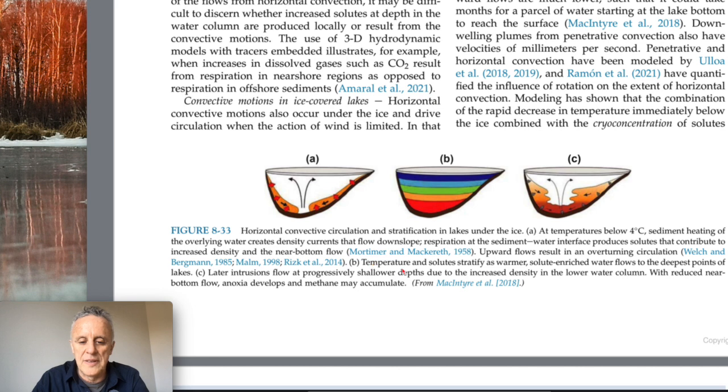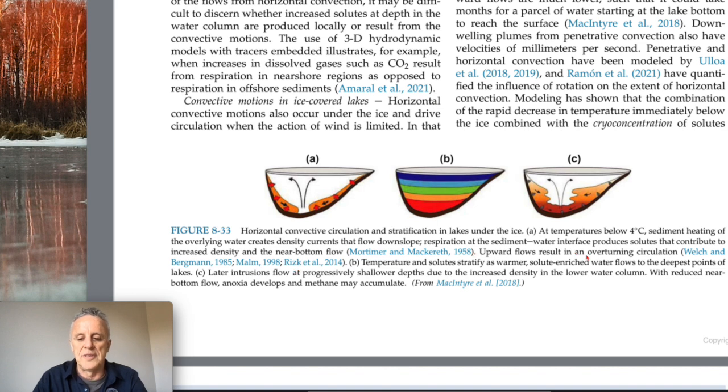So we have convective circulation and stratification in lakes under the ice. At temperatures below 4 degrees C, sediment heating of the overlying water creates density currents that flow downslope. Respiration at the sediment-water interface produces solutes that contribute to the increased density and the near-bottom flow.